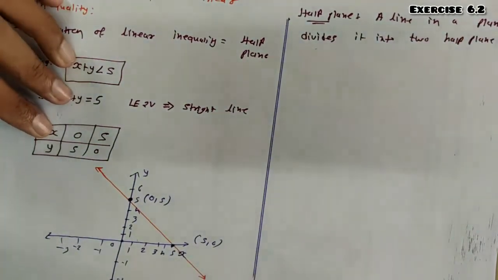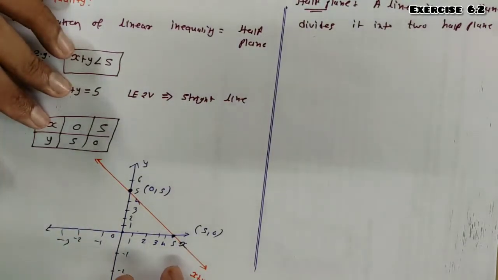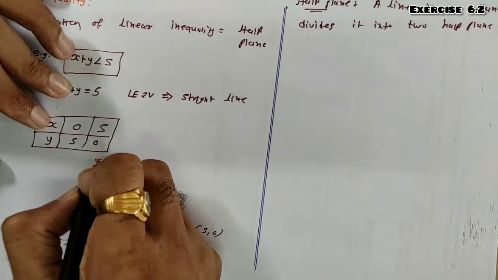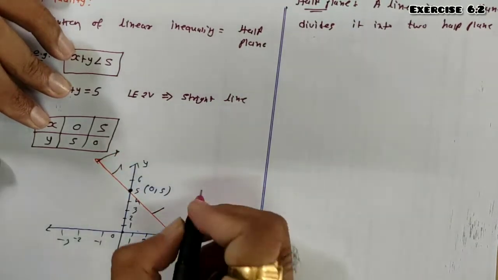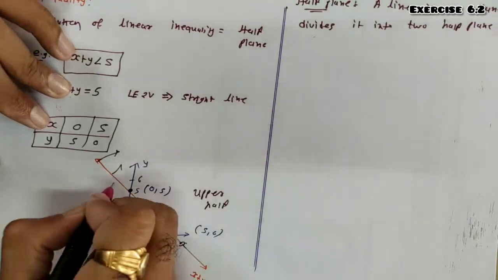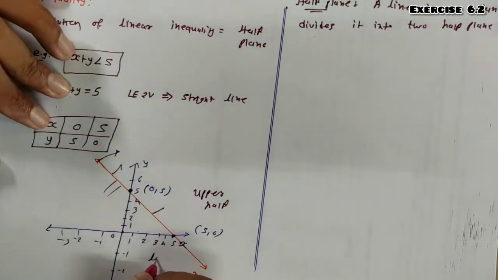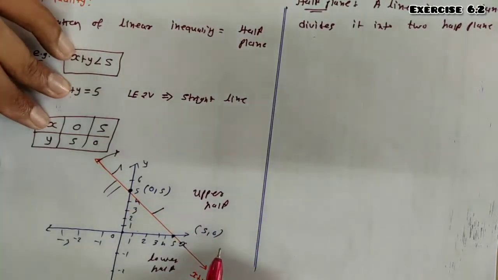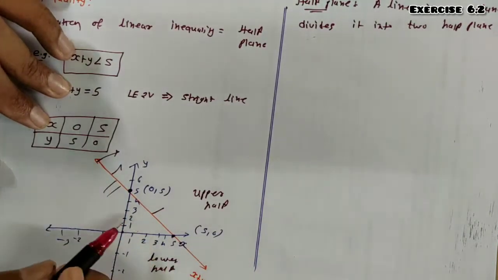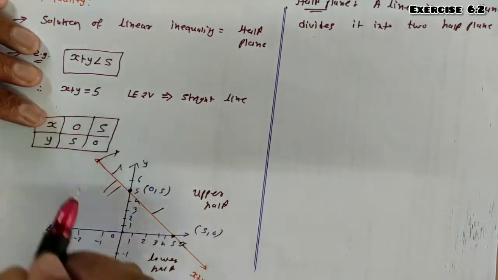So if we draw a line in a plane, it will divide our plane into two half planes. This portion of the plane is known as the upper half, and this portion is known as the lower half. So our Cartesian plane is now divided into two halves, upper half and lower half, and all the points which lie on the line are the solution of the equation x plus y equal to 5.